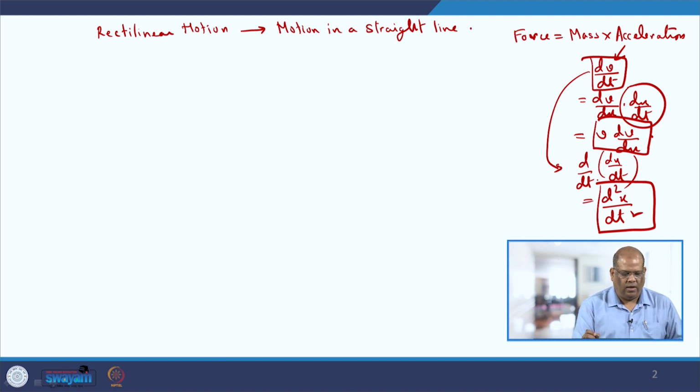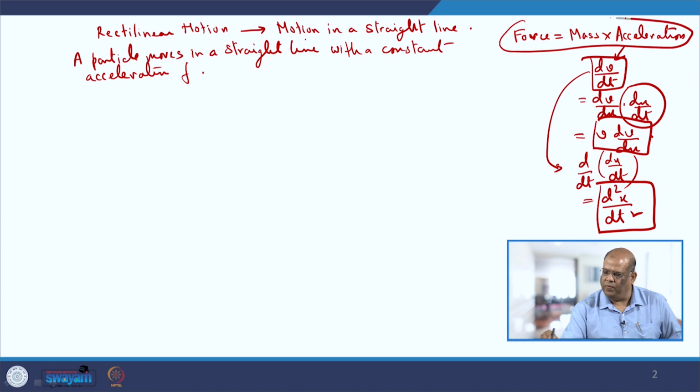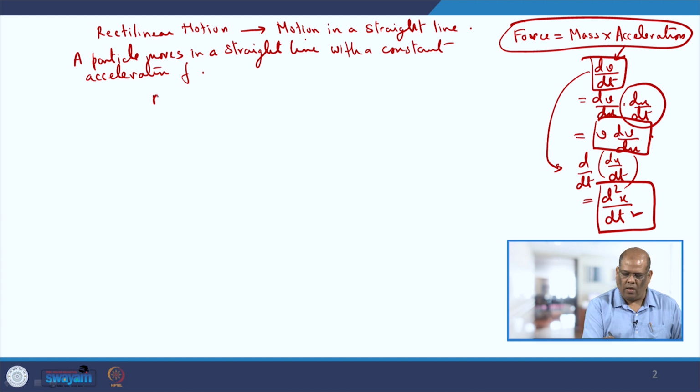Now, let us take that a particle moves in a straight line with a constant acceleration f. So, if it moves in a straight line with a constant acceleration f, we have force equal to mass into acceleration, that is m into f.